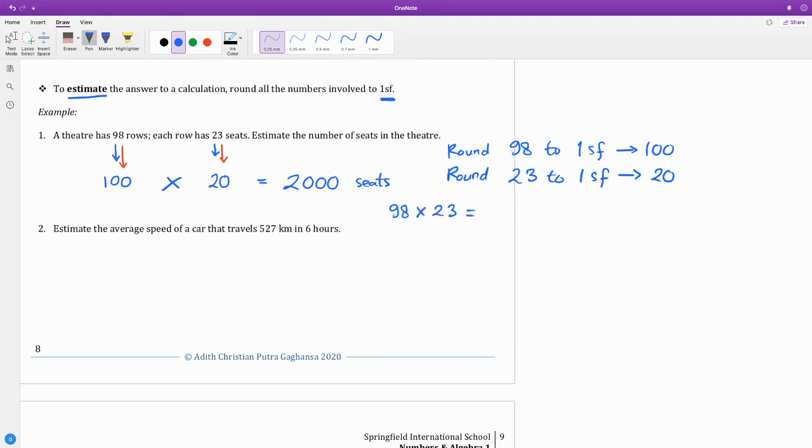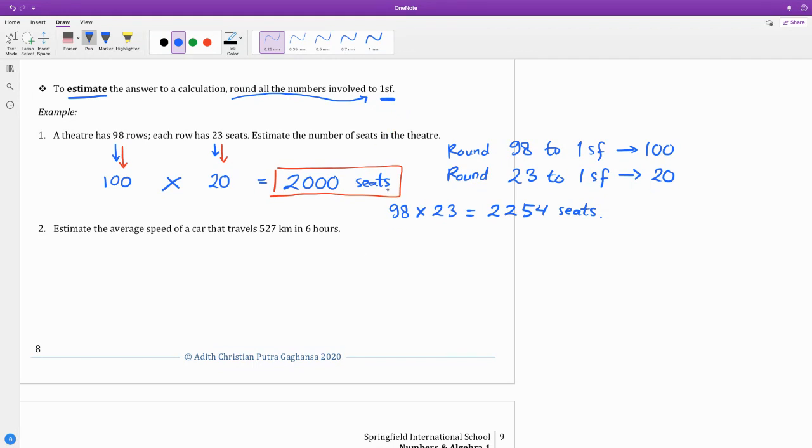If we calculate, it's 2,254 seats. Remember, we only need to estimate. So here is our estimation, 2,000 seats. Point to remember, we always have to round all numbers involved to one significant figure.